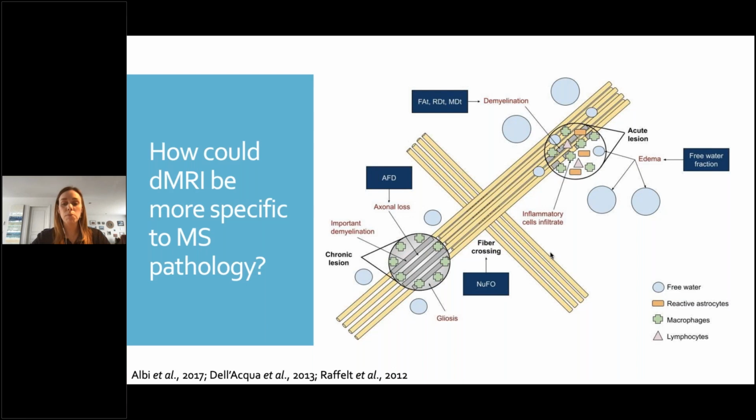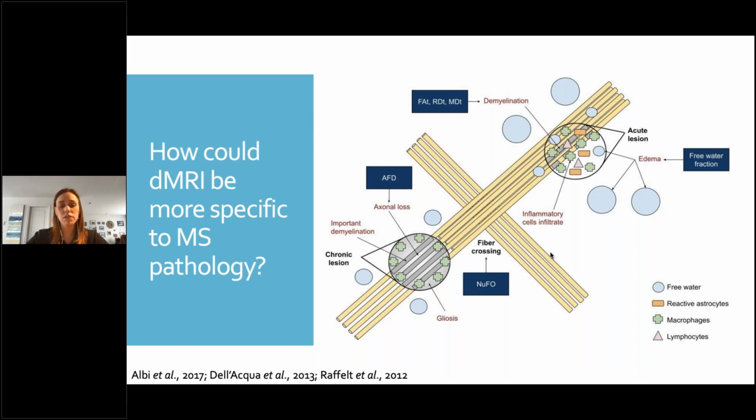It's a measure that is proportional to the underlying fiber density, so it can be a marker for axonal loss. We can also obtain the number of fiber orientations, or NuFO, and it represents the number of local peaks of the fiber orientation distribution in each voxel. This measure provides information about the complexity of the underlying white matter organization.